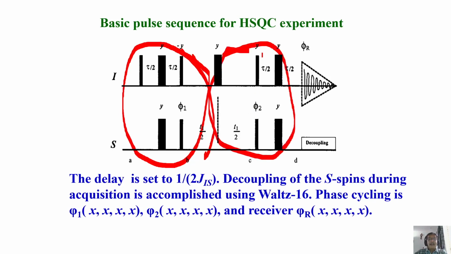This pulse sequence is very simple. Here we take the polarization from proton, give it to carbon, and then after a certain time, t1 by 2 in this evolution period, you ensure the magnetization is taken back to proton by reverse INEPT. One is a forward INEPT, the other is a reverse INEPT.